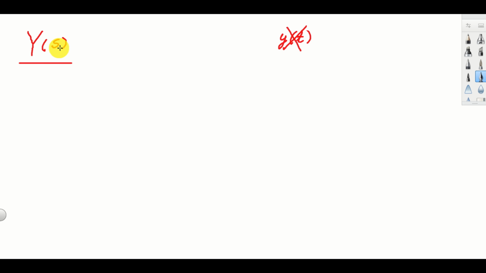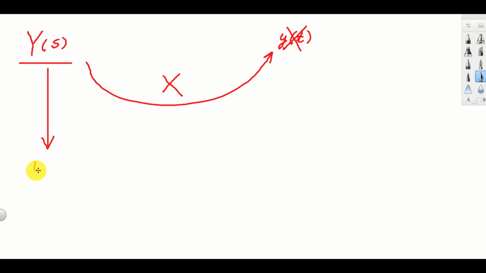Then, without actually computing the inverse Laplace transform and computing the time domain signal, we don't go this path. We actually want to conclude what is y at infinity. That is, what is the steady state of the time domain signal.